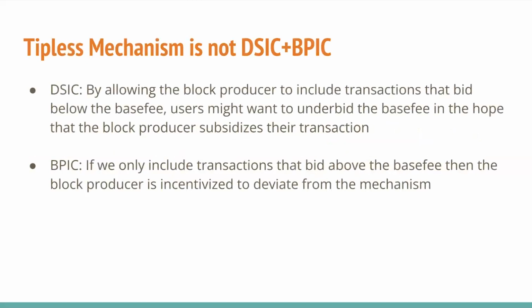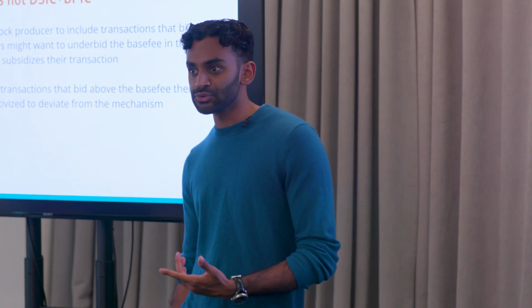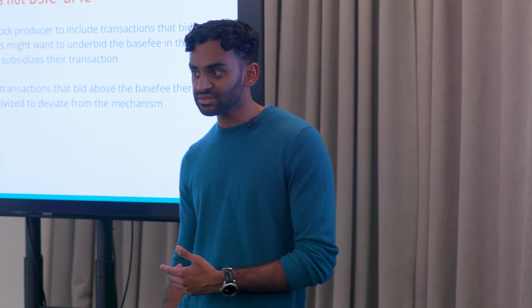You saw this in the picture, but basically users have to reason about, do I want to underbid the base fee because the block producer has a very high value, and so there's no dominant strategy there. And if you try to fix this by saying, OK, block producers, you're only allowed to include transactions that are above the base fee, then that would fix the DSIC problem because you'd be backing this rule where users are either bidding 0 or just the base fee.